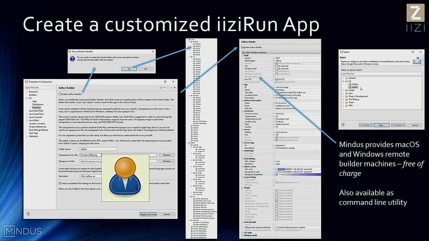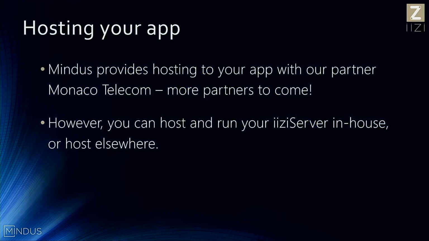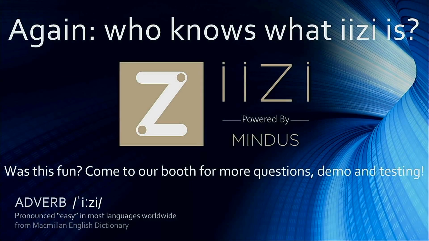If, for example, you're sitting on a Windows machine and you want to use our services to build the Mac version for you, we'll do it free of charge. And then we send it back to you. We host the app afterwards, but we can also provide you with hosting in-house if you wish.